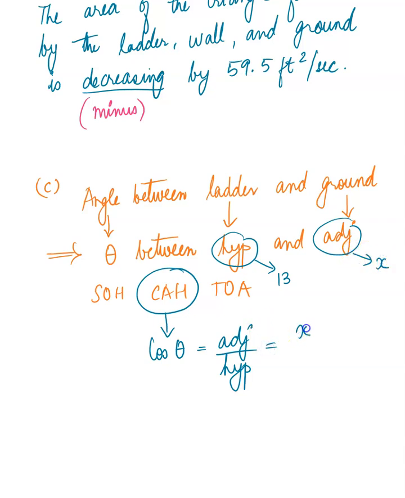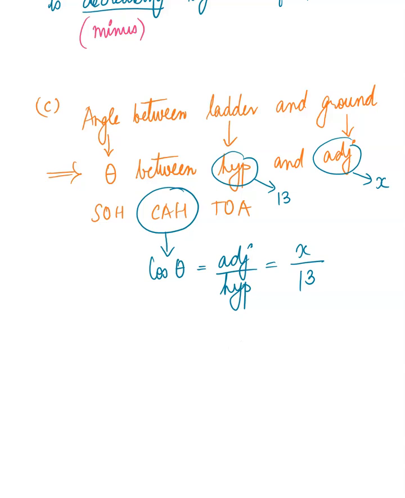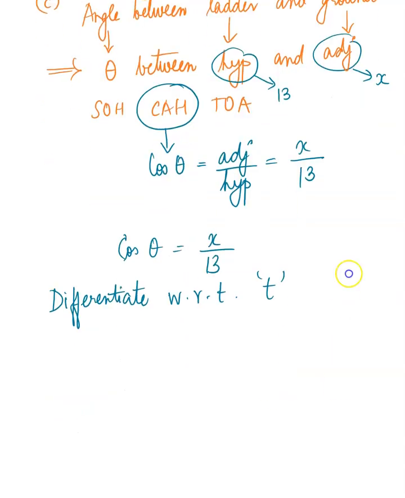So that's going to be x over 13. Very well. So we got our cosine theta. Let me write that out again. Cosine theta is x over 13, and this is what we will differentiate with respect to time t.